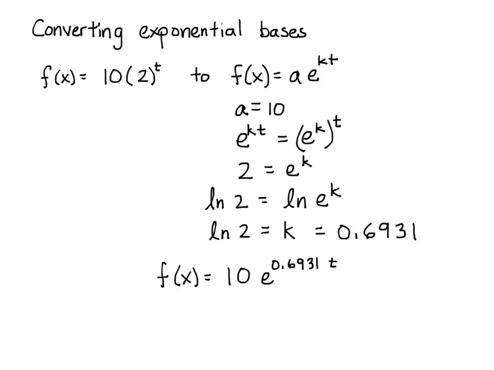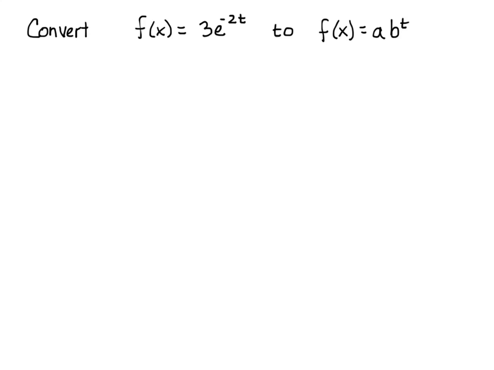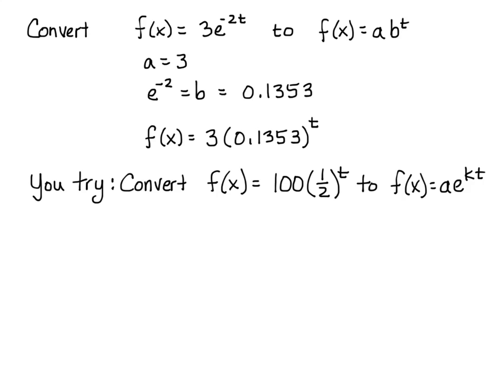Okay, we'll go back to the original problem now. Remember that e to the kt is the same thing as e to the k to the tth power. And so when you solve this, the coefficient is the same, and we have 1/2 equals e to the k.